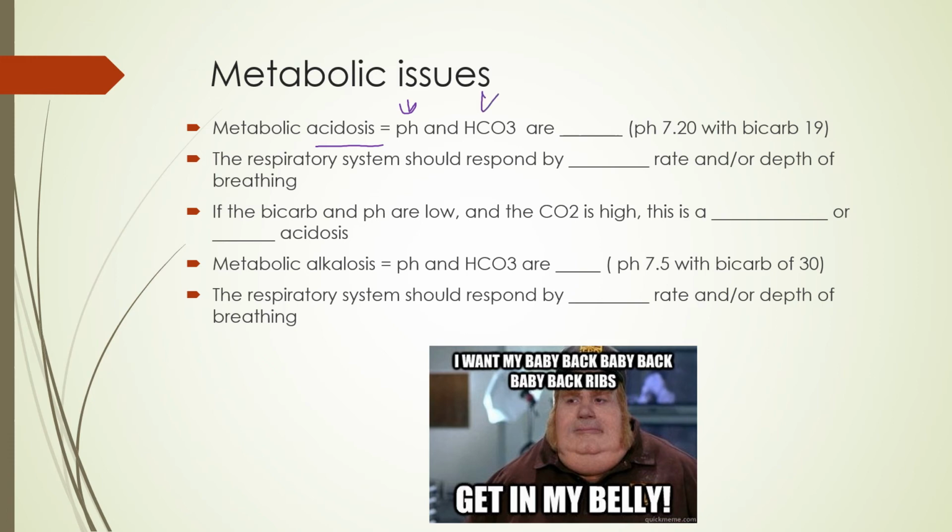Then the bicarb would be decreased, right? So both of these would be decreased, right? So an example of this would be if a pH was 7.20 and we had a bicarb of 19. That's an example of a metabolic acidosis, right?